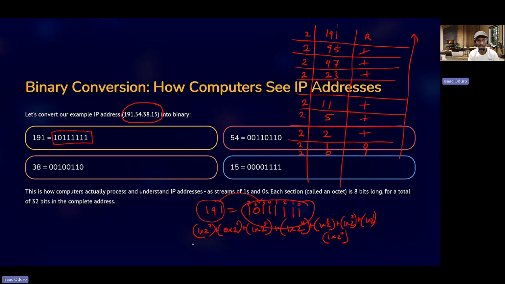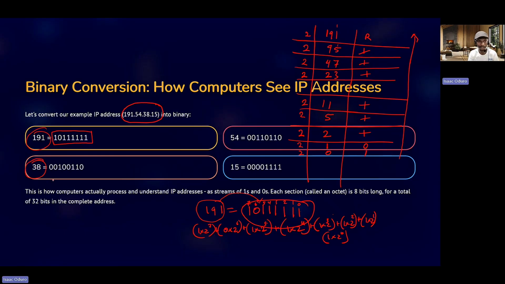So you can use this. And when you add all, like the way I showed you in the previous lesson, you get 191. For time's sake, you can do this and see if you can get the same value.